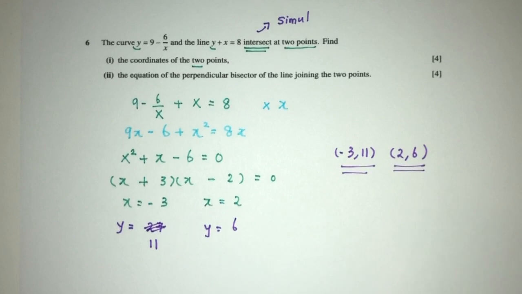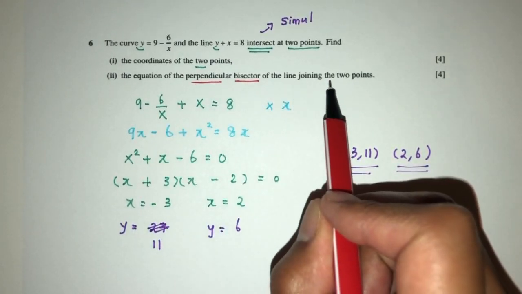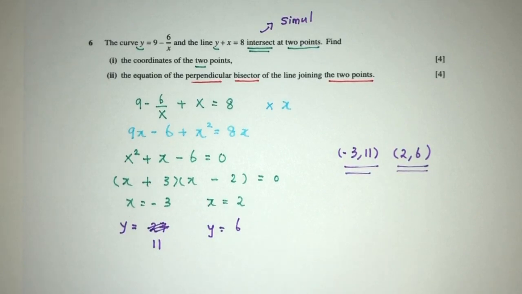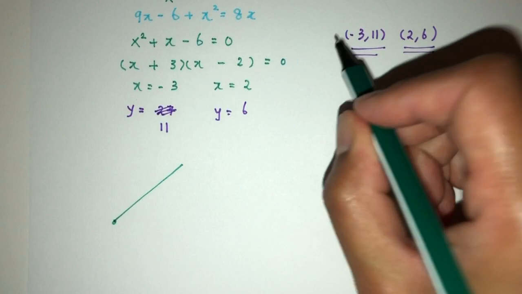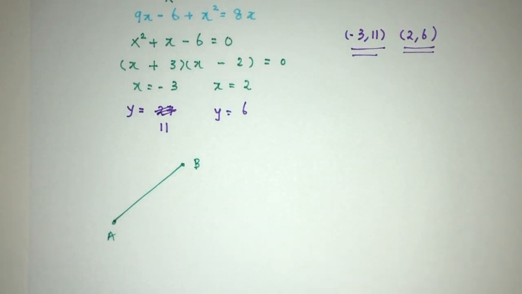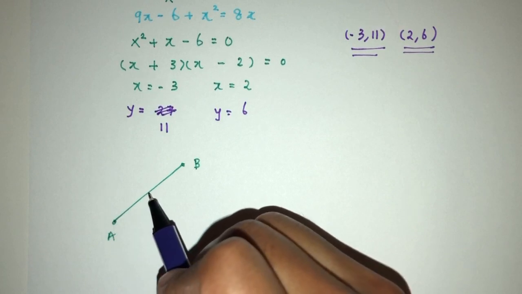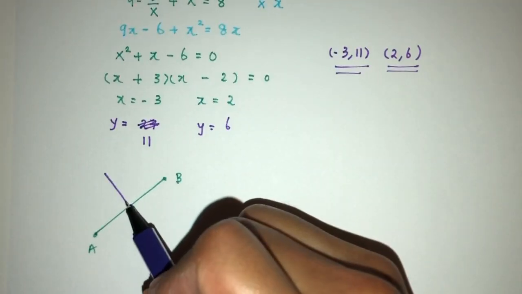Now for part 2, we have to find the equation of the perpendicular bisector of the line joining the 2 points. So pretty easy. Let's call these two points A and B. Now we're trying to find the perpendicular bisector, which is the one that passes through the midpoint at 90 degrees, right?